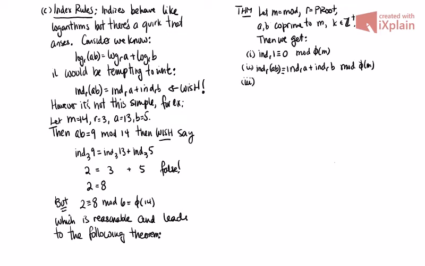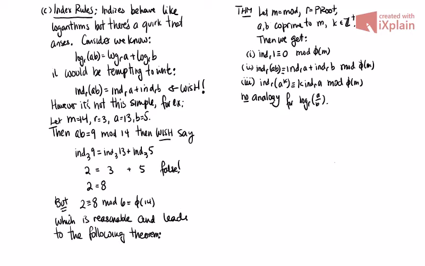And 3, the index base r of a to the k, there's a power rule for logarithms, is k times the index base r of a mod phi of m. You can pull the power down in front. Now notice there's no analogy for the logarithm statement that says a over b, because technically there's no division.